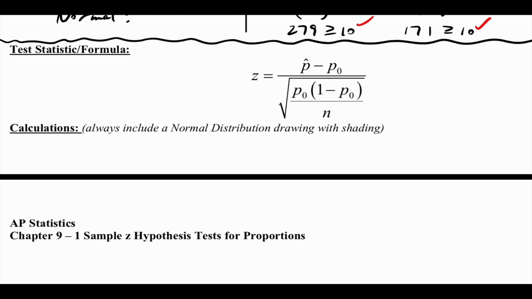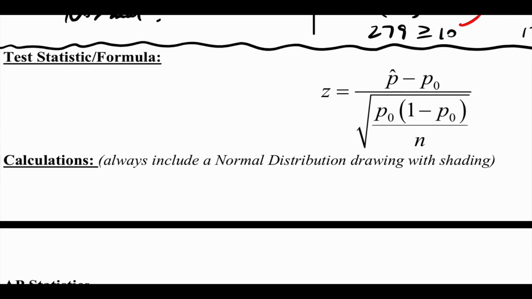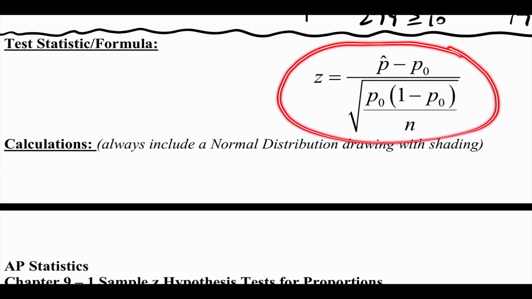All right, so test statistic formula. For proportions, this is the formula. It looks crazy, but it's not that bad. First of all, what kind of formula does it appear to be?